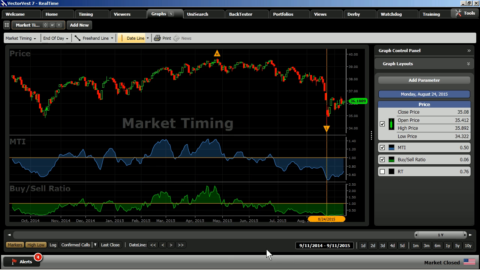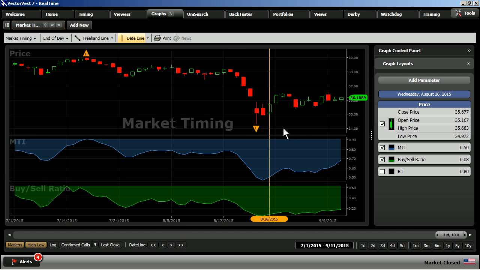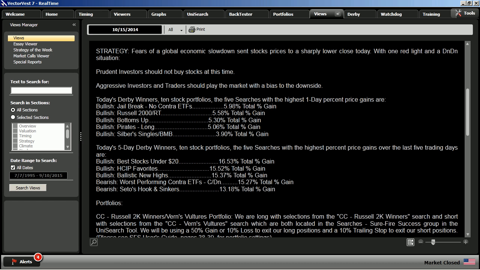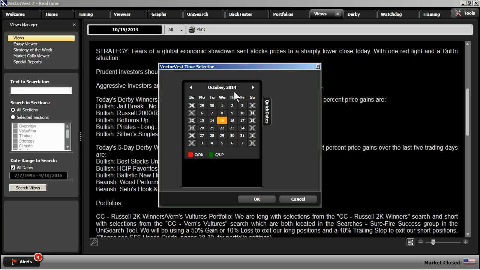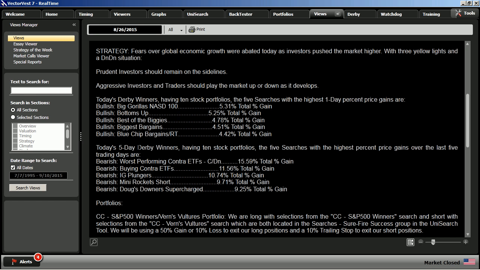August 26th was an example. On August the 26th, we'll scroll in a little bit tighter here, we had an up day in the market. If we go to the VectorVest views on August the 26th, just a couple of weeks ago, we'll see once again Bottoms Up and a different name, Blue Chip Bargains, sorted by RT ascending.